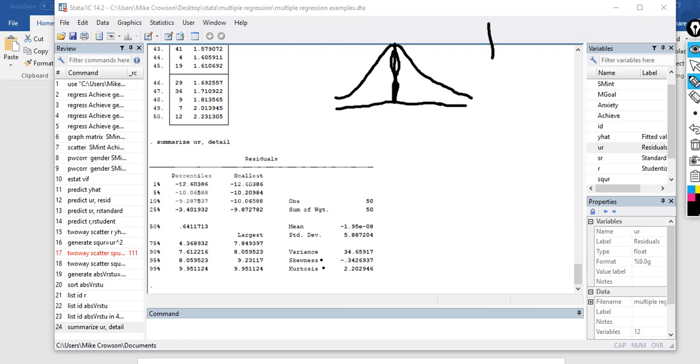If we have a positive skew, it might look a little more like this, where we have a longer tail in the upper end of the distribution. That's a positive skew. With a negative skew, we're dealing with a longer tail in the lower end of the distribution. These are idealized, but you can see the lack of symmetry relative to what we would expect with a normal distribution.